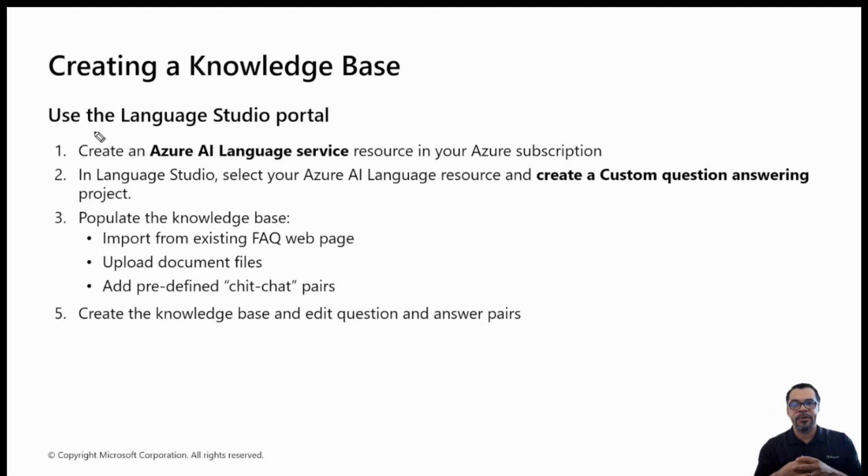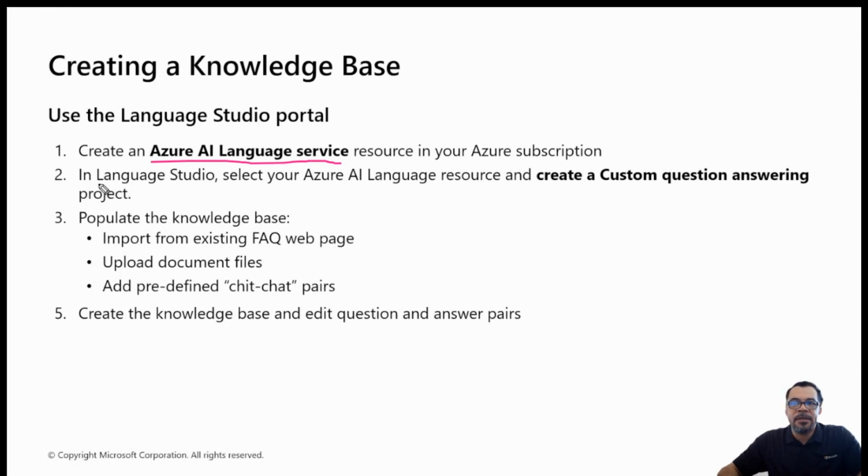So you're either going to create a brand new knowledge base from scratch, or you're going to point it to an existing one. But in any case, there must be some type of knowledge base associated with it on the back end. And to do this, which we'll do in our demo, you're going to go to the Azure AI Language Service. You're going to create an instance, a resource in your Azure environment.